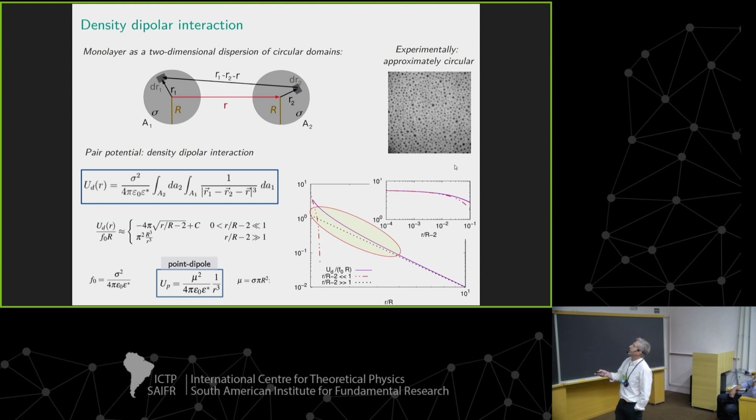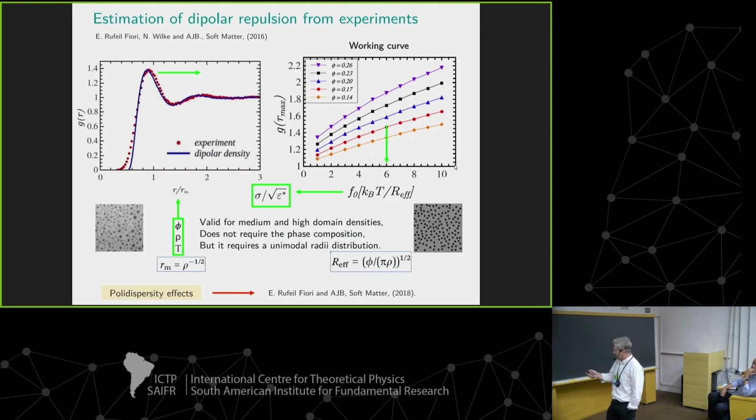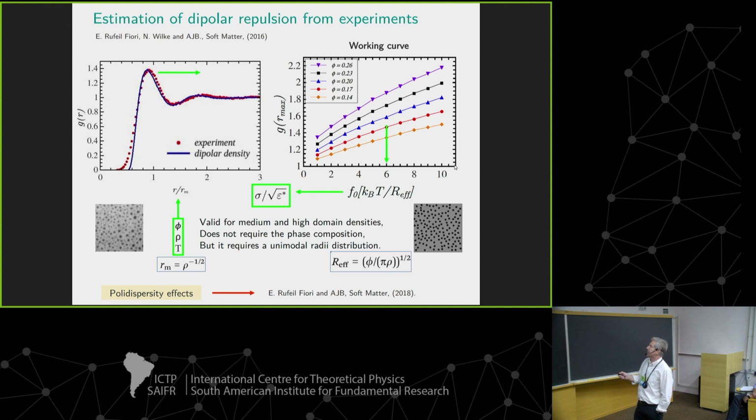Experimentalists are quite interested in knowing which value this dipolar density has. So what we did is we simulated and fitted the experimental results to the simulation. Here, simulations is the blue line. Having this fit, we can get the dipolar density, which, by the way, got to relatively good agreement with what the experimentalists expected.